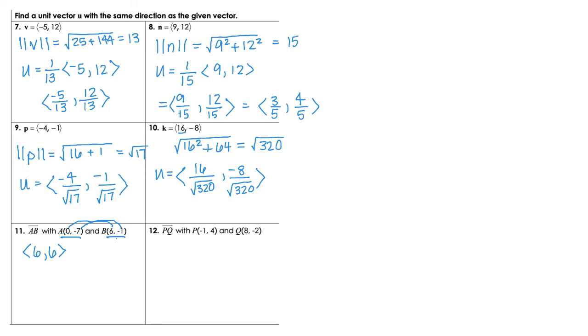So our component form is 6, 6. Now we find the magnitude of AB. That's going to be the square root of 6 squared plus 6 squared. And so that's going to give me the square root of 72.